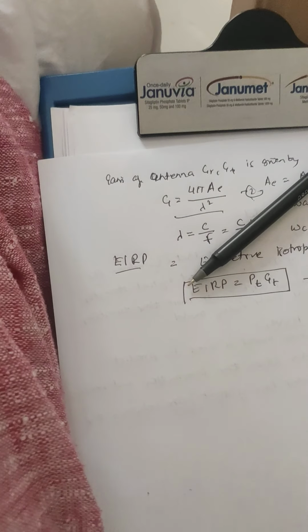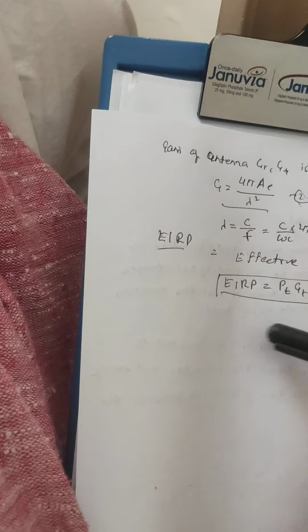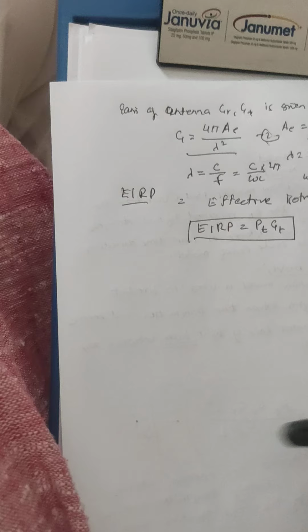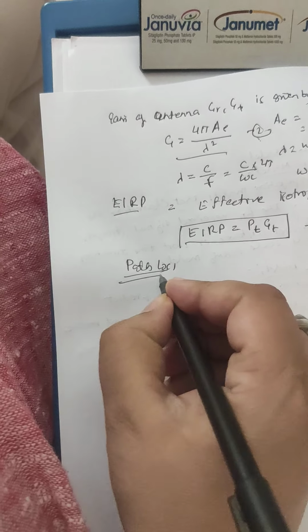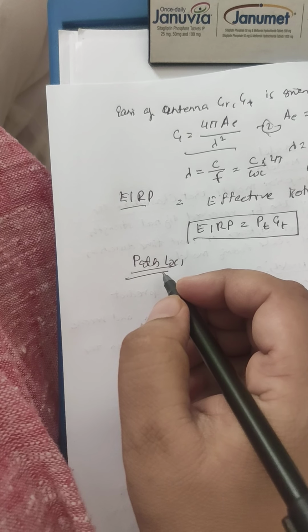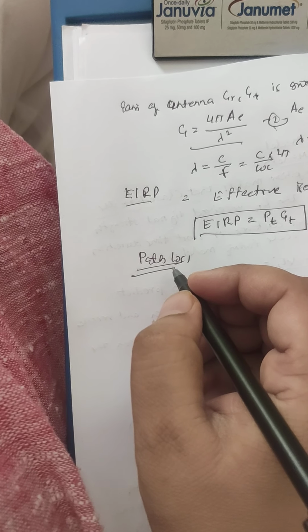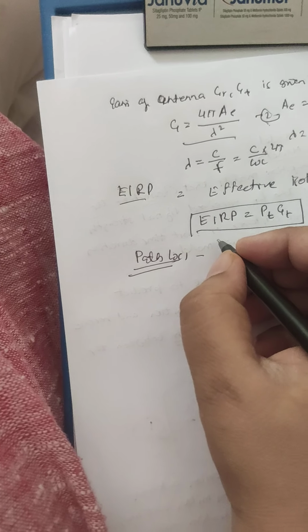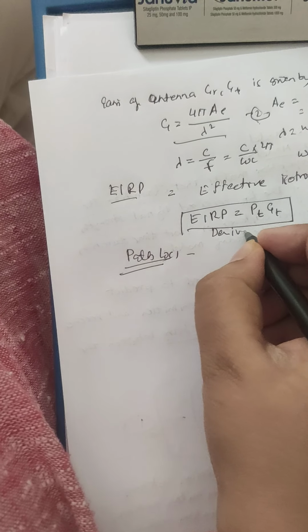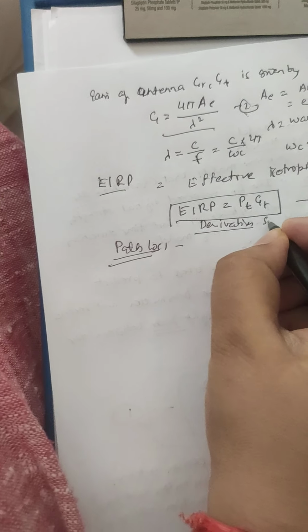We start with the path loss. To derive the path loss, let us see what is the meaning of path loss. This is the derivation section.